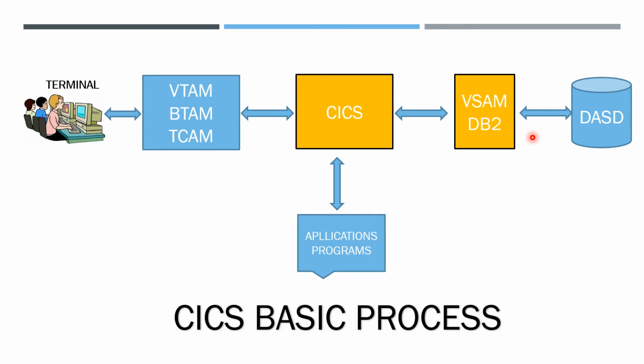The requested data will be brought to CICS, and from CICS the data is given back to the terminal. It is the basic CICS process: how the user interacts with CICS, how CICS processes the transaction, interacting with the application programs, and how CICS accesses the storage.